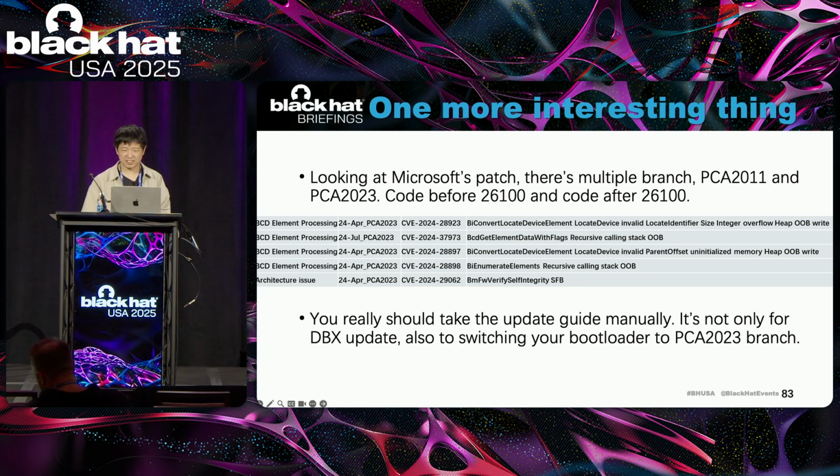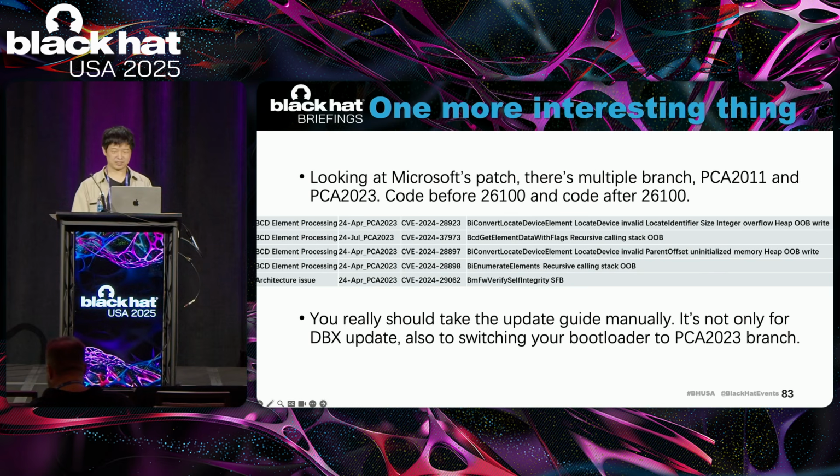So there's one more interesting thing. It's about the second breaches we are booting into. PCA 2023 at 26100 is an identical thing right now. But I found this, there are 5 of my findings. They are fixed, but not shipped in the PCA 2011 branch, which means even with the latest operating system patch, system versions before 26100 are still vulnerable to these 5 vulnerabilities.